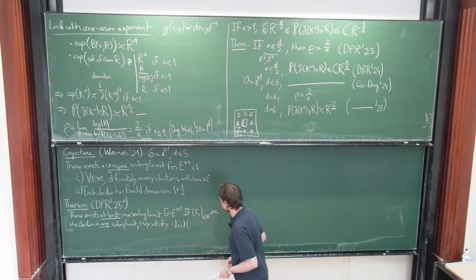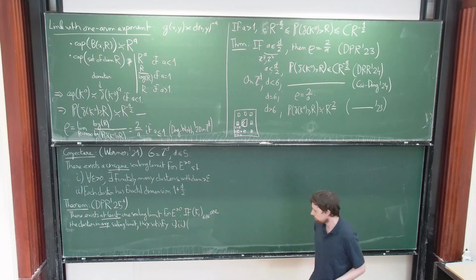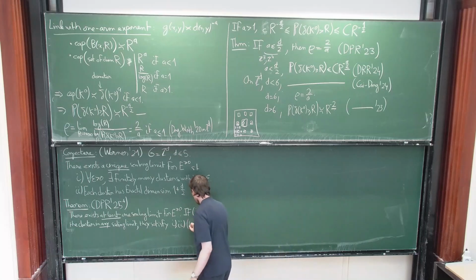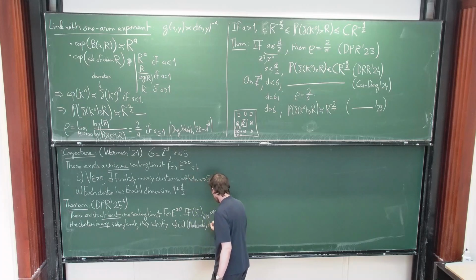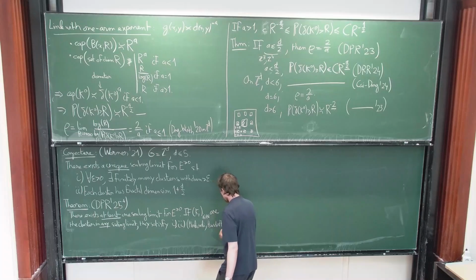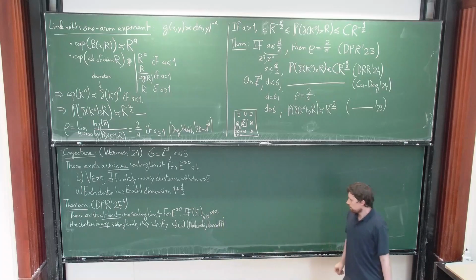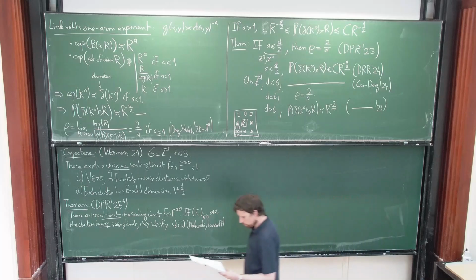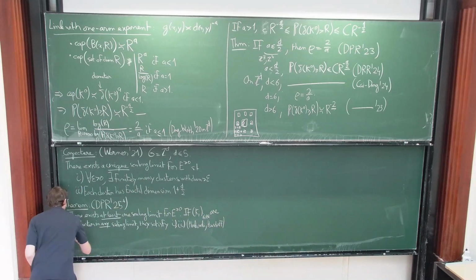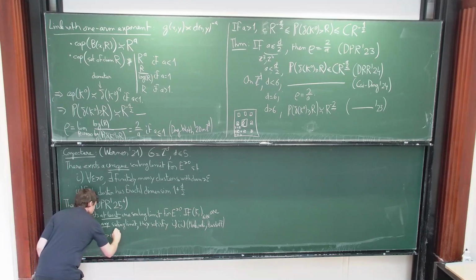So let me be precise what I mean by fractal dimension here. You can mean either a Minkowski dimension or other. And you have some more information. So the capacity of all your clusters is positive.